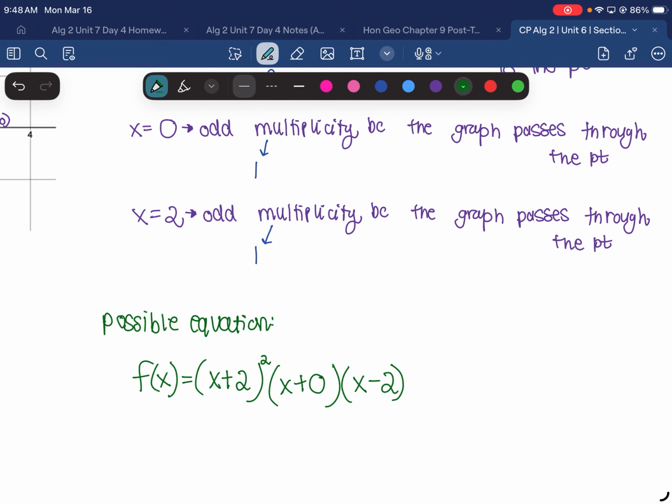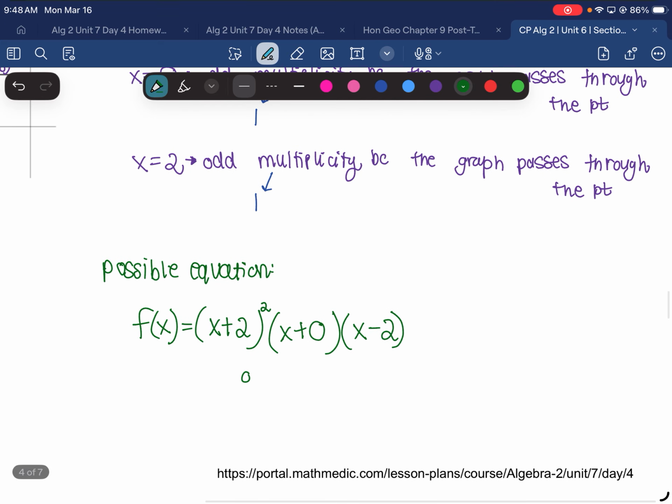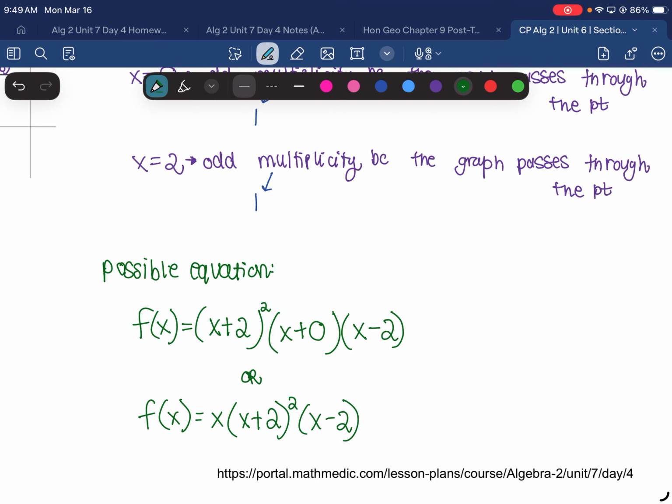So there you go. That's a possible polynomial. Now you might see it written like this. Those are the same thing, and that's probably how you'll see it written, right? Because x plus 0 is just x, okay?